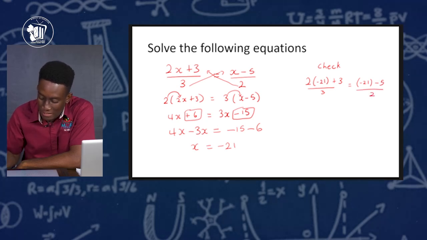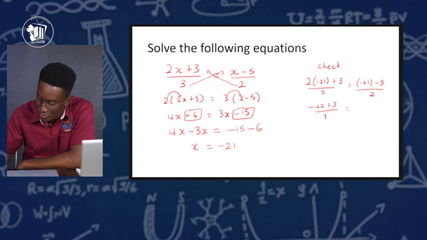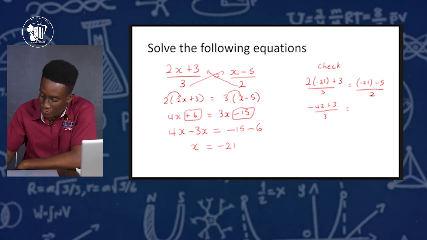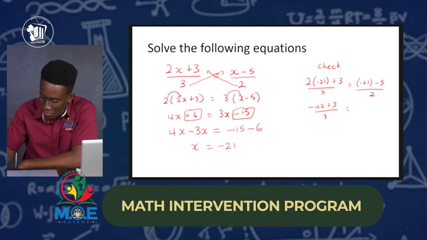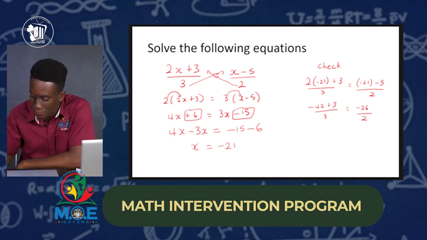So 2 multiplied by negative 21, that would give you a negative 42, plus 3, all divided by 3. And that would be equal to negative 21 subtract 5, which would give us a negative 26, all divided by 2.